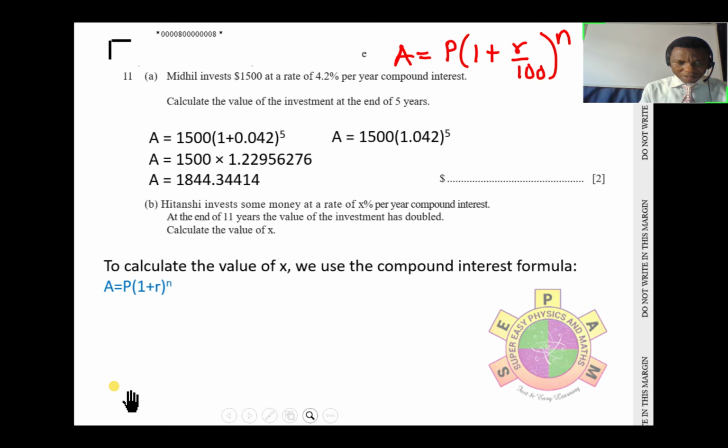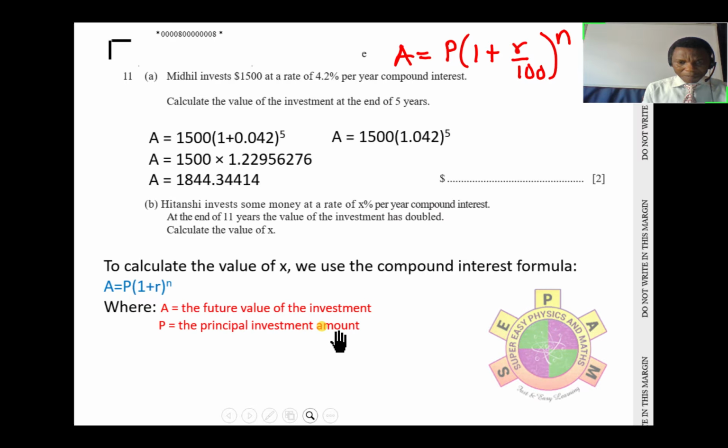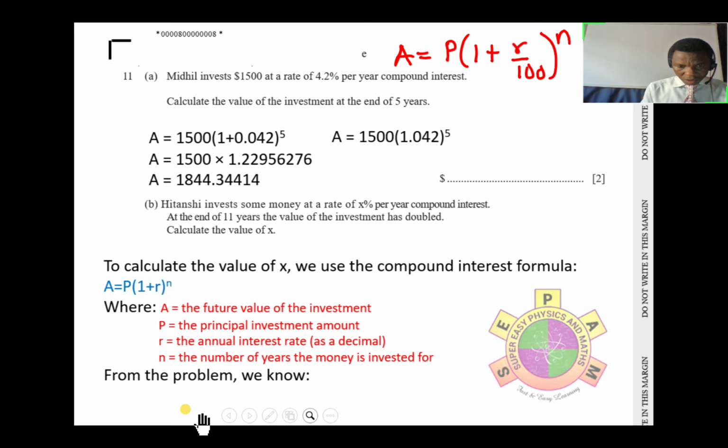To calculate the value of x, we use the compound interest formula, A equals P into (1 + R) raised to power n, where A is the future value of the investment, P is the principal investment amount, R is the annual interest rate as a decimal, and n is the number of years the money is invested for.